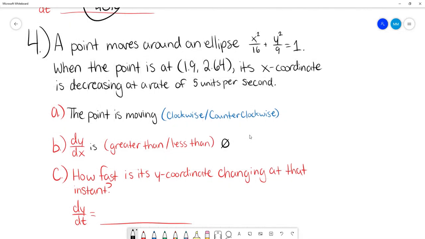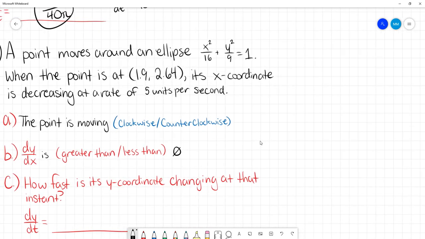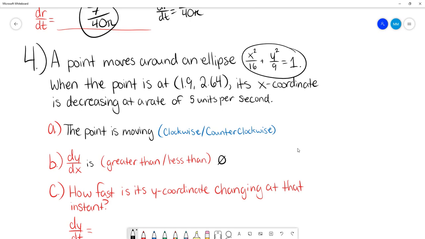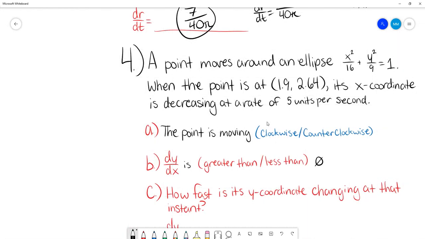Now, number 4 says a point moves around an ellipse given by this equation here. And when the point is at this coordinate, its x-coordinate is decreasing at a rate of 5 units per second. The first question is asking whether the point is moving clockwise or counterclockwise. Well, I think it's easier personally to draw this out.